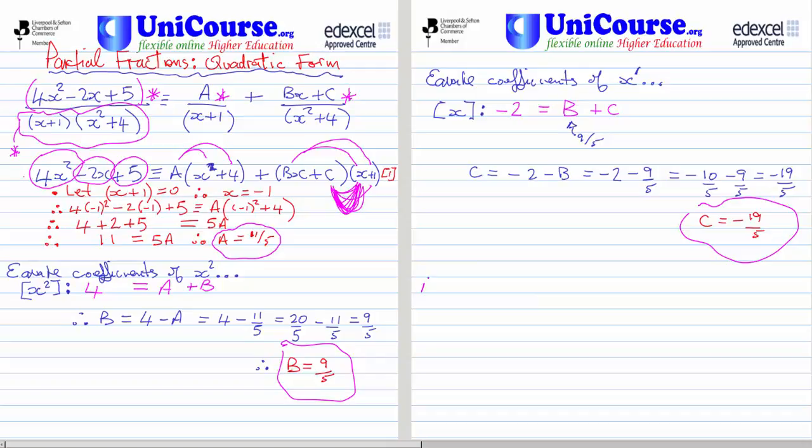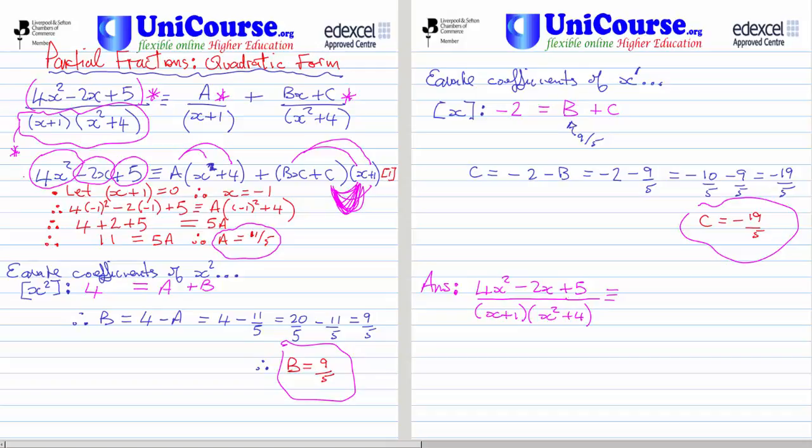So the answer is, well, let's put the question in first of all. 4x squared minus 2x plus 5 all over x plus 1 times x squared plus 4 can be written as, okay, we've got a, and we've already determined a to be 11 over 5.